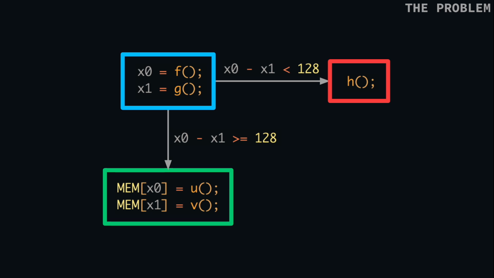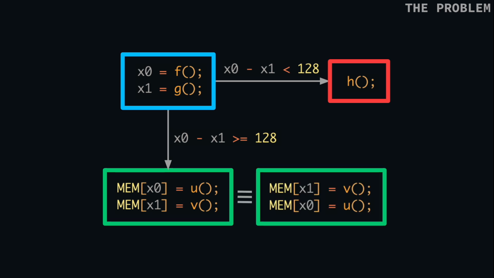But if the condition is true, then the variables x0 and x1 differ by a value greater than the word size of the Ethereum virtual machine, which is 32. And therefore, the locations of memory which these two values are pointing to are disjoint. This allows us, in the green section, to reorder these memory accesses without actually changing the semantics of the code.